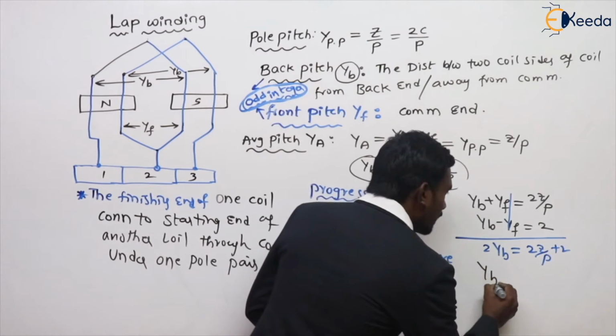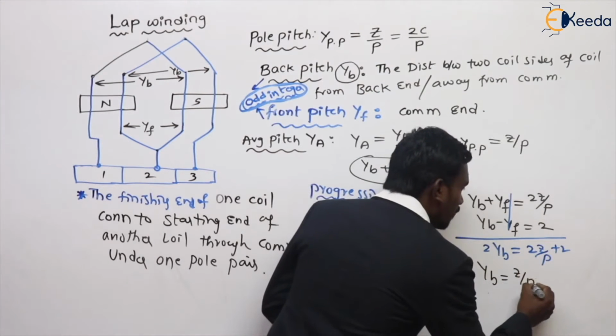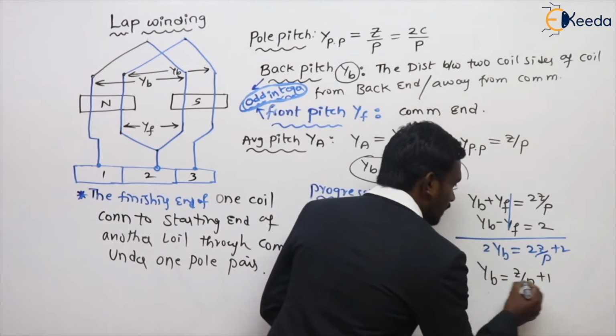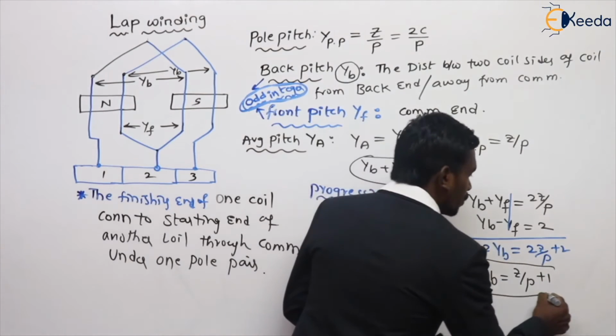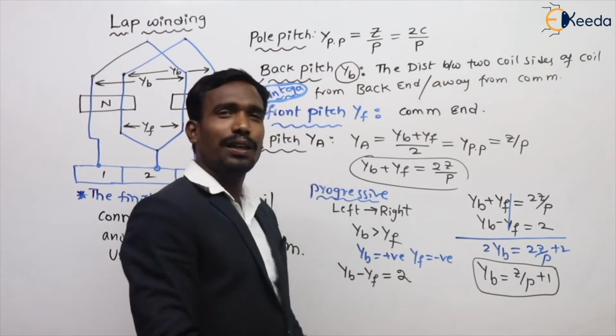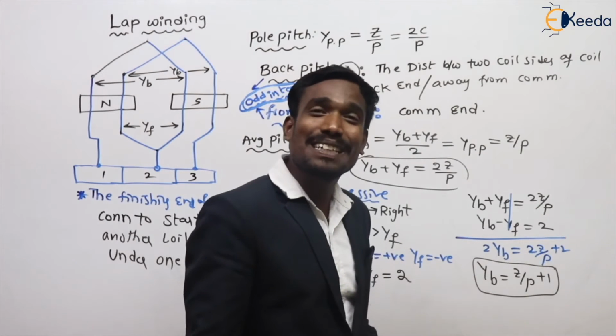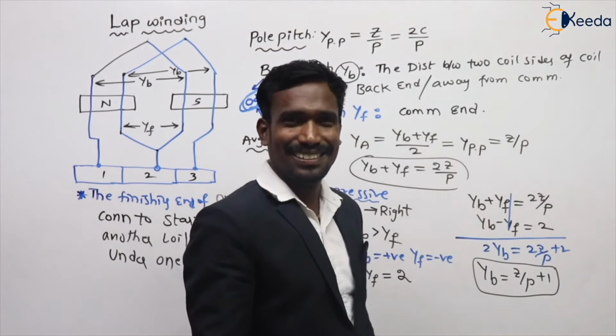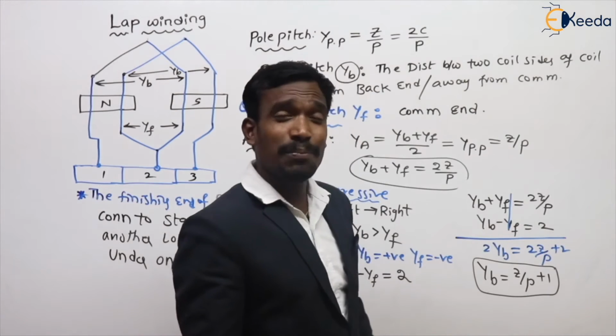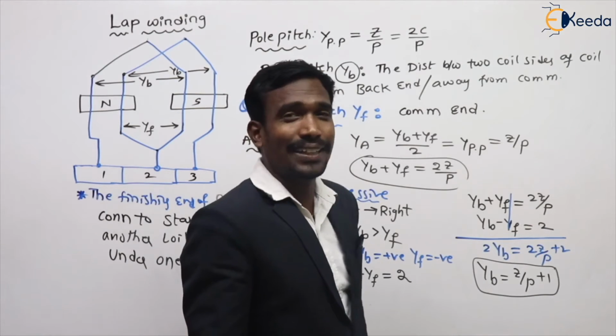So YB is equal to Z by P plus 1. In order to get the odd number, Z by P is mostly an even number. Of course, YB is an odd number. Now I got clarity.